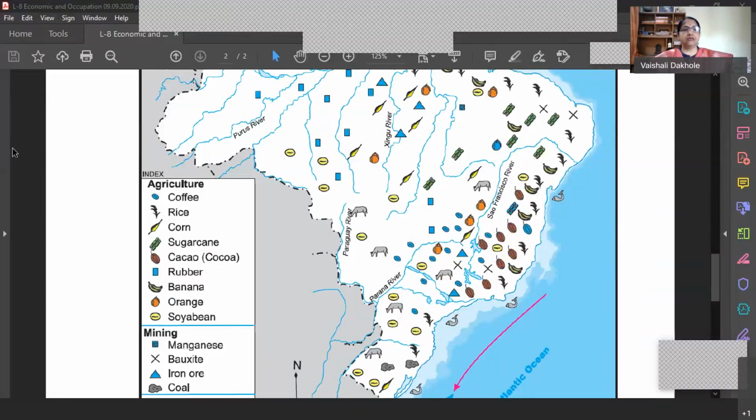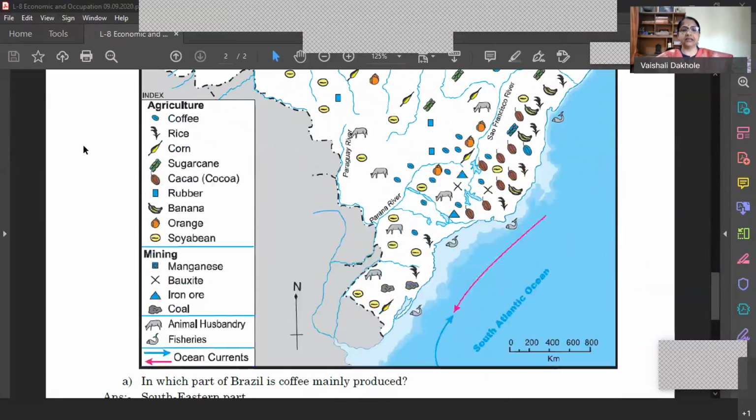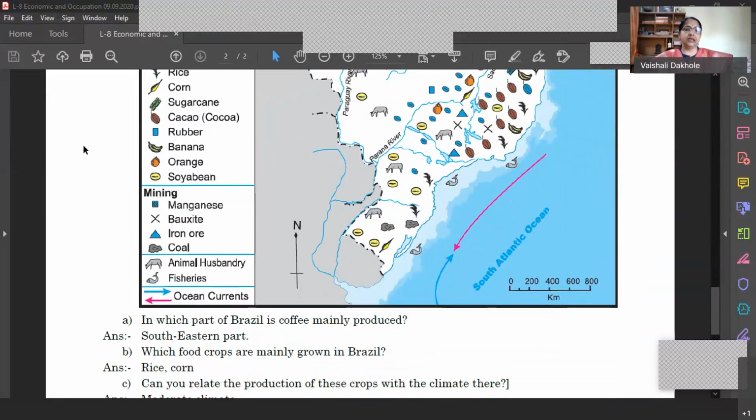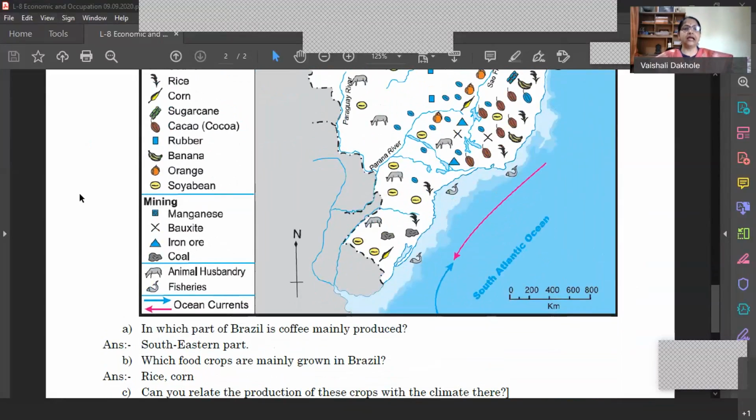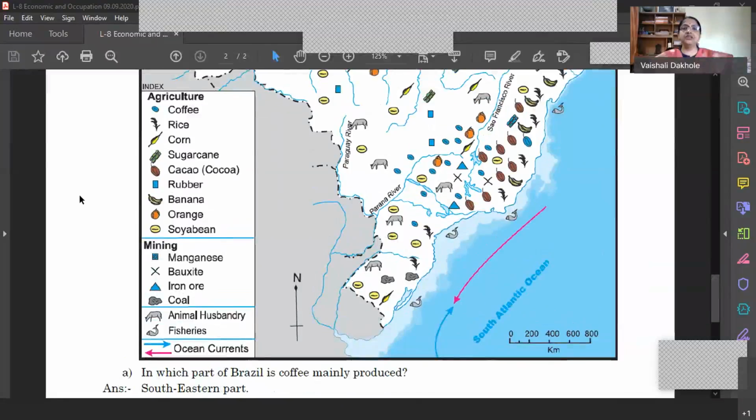Now, the first question that is given on the map is, in which part of Brazil is coffee mainly produced? For that you will have to see which sign or symbol is shown in the index for coffee production. Now you can see that a blue colored coffee bean is shown for coffee production. So where can you see it? It is here in the south central part of Brazil.